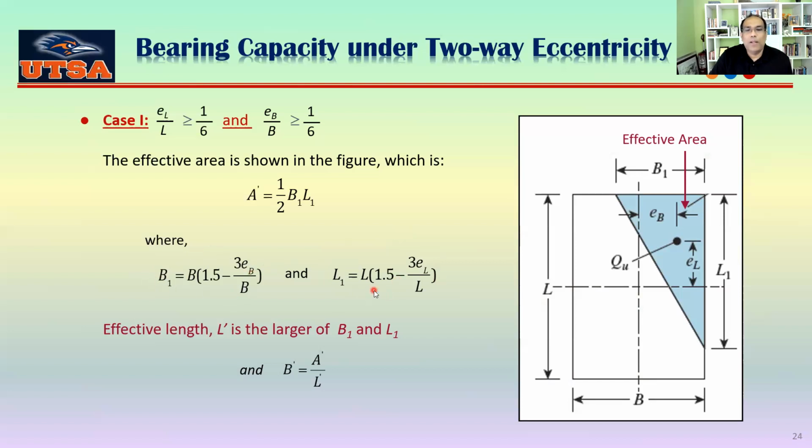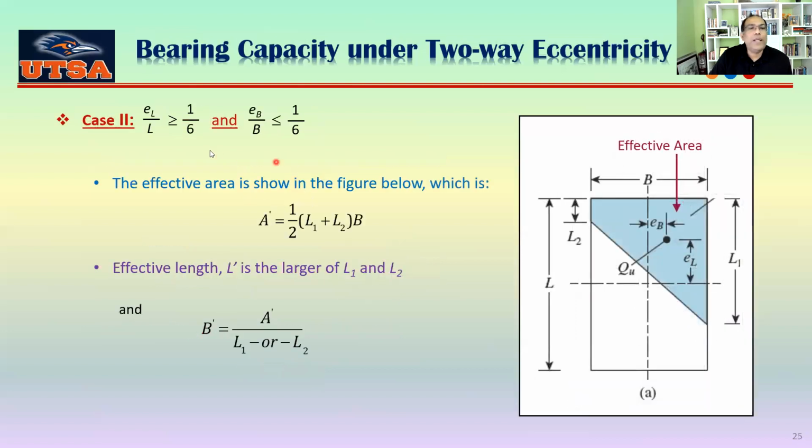Now let's move forward to case number 2, when eL/L is greater than or equal to 1/6 and eB/B is less than or equal to 1/6. In that situation, this is the figure. You can see this is basically a trapezoid, so the area would be this plus this divided by 2 multiplied by this.